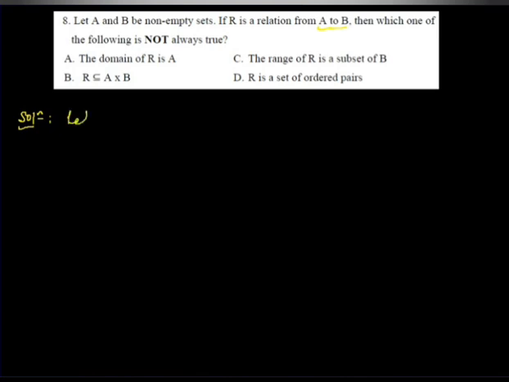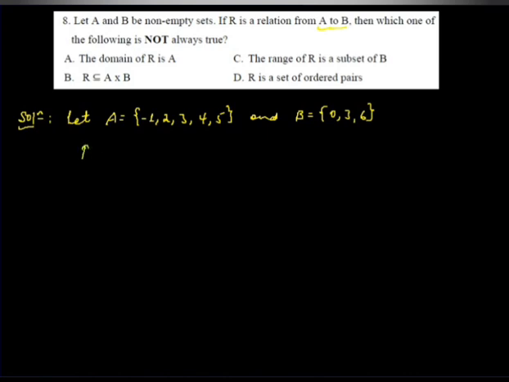Let our set A be a set containing the elements minus 1, 2, 3, 4, 5, and set B is a set containing 0, 3, 6. I want to take this example for demonstration.